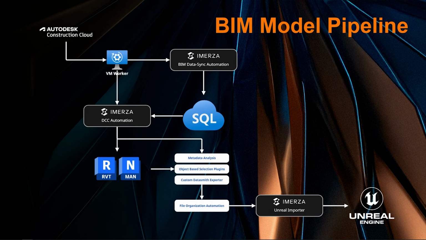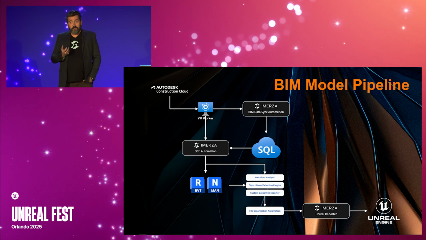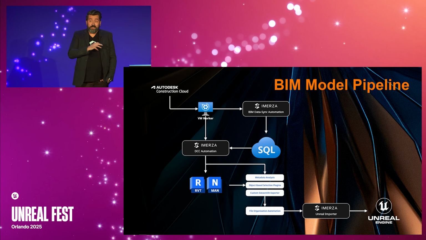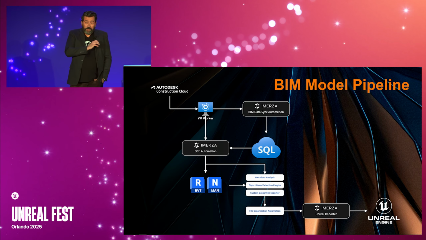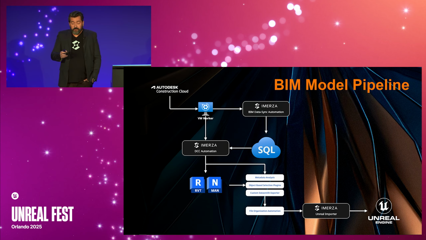We're then automating these operations inside Revit and Navisworks, and we're picking up the metadata and any object-based selection stuff that we're doing. One of the really important reasons for doing something like this is it gives us the ability to really massively optimize everything without compromising accuracy, fidelity, or any of the data.